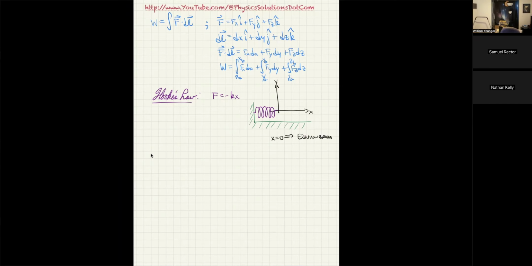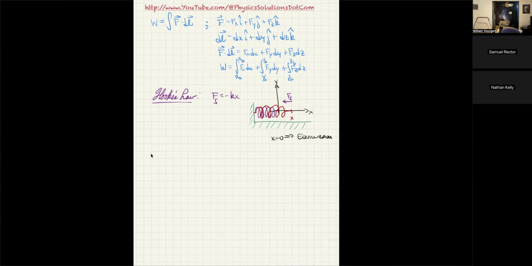Now, if you apply a force and pull the spring out to a position x, then what happens is the spring gets stretched like that, and the force that you actually feel from that is a force this way.